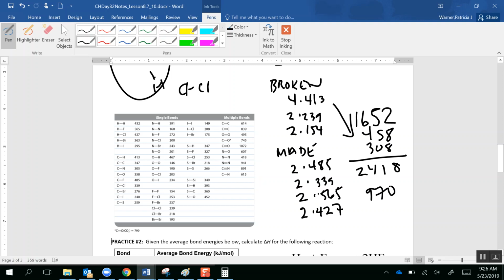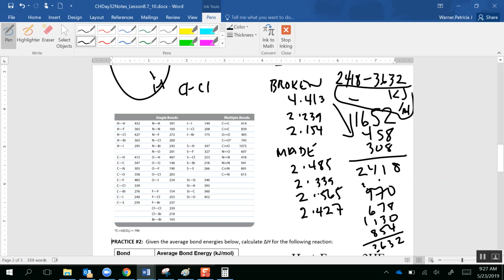So 970, 678, 1,130, and 854 add up to 3,632. So 2,418 minus 3,632, and that's going to give us a negative kilojoules per mole.